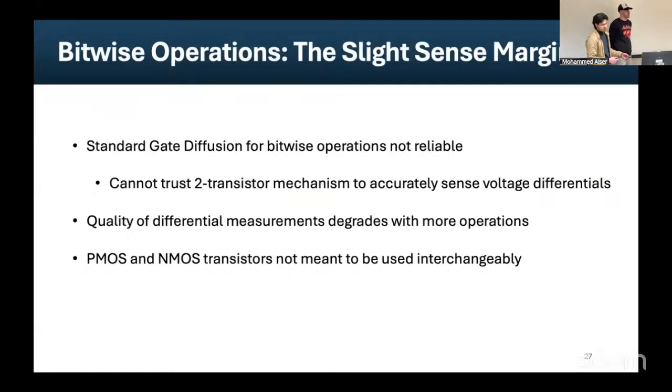So again, the problem is that existing architectures have different transistors that are more ideal in projecting particular signals. These are metal oxide semiconductors. We have two different kinds: the positive metal oxide semiconductor and the negative metal oxide semiconductor.